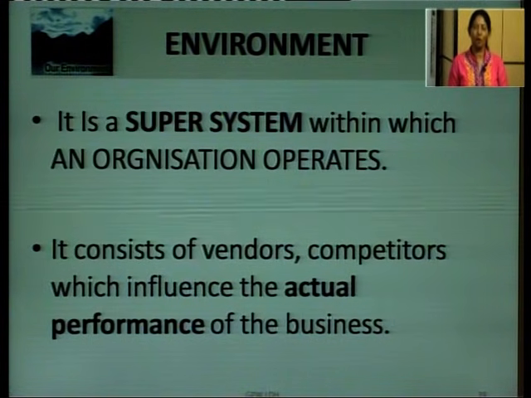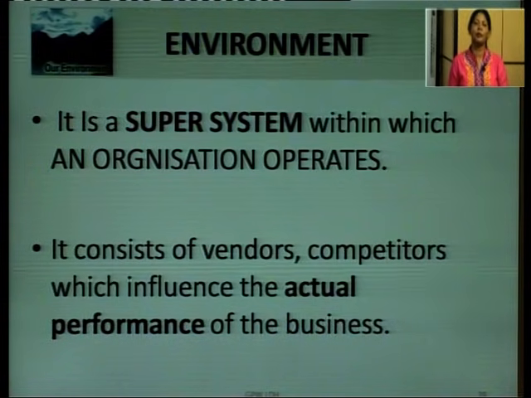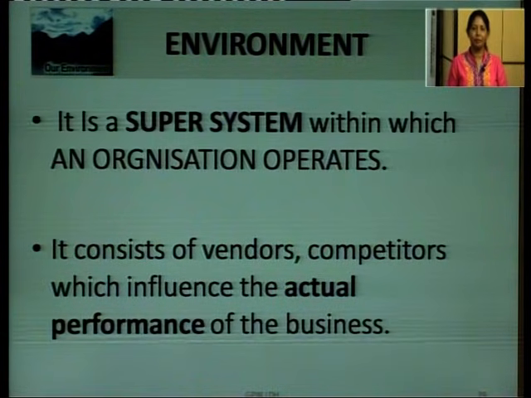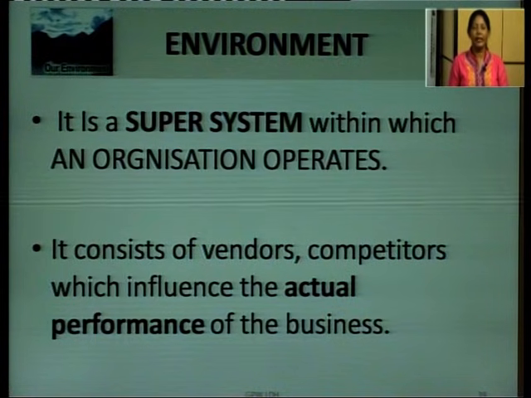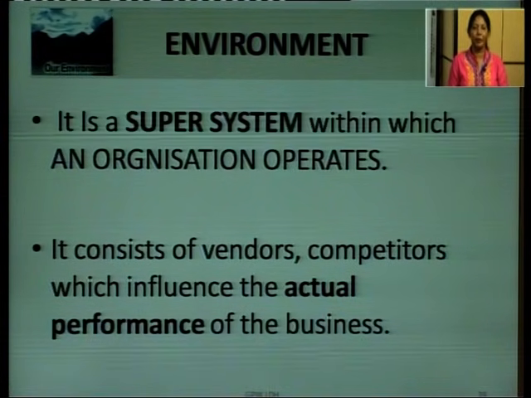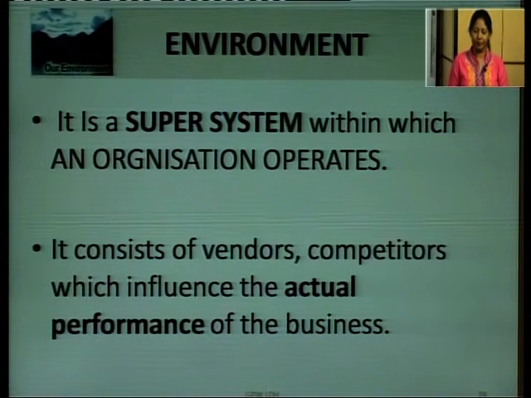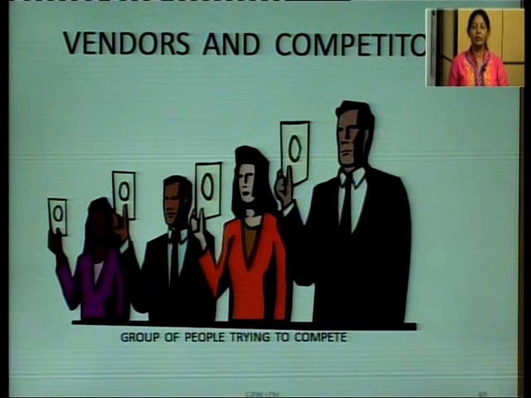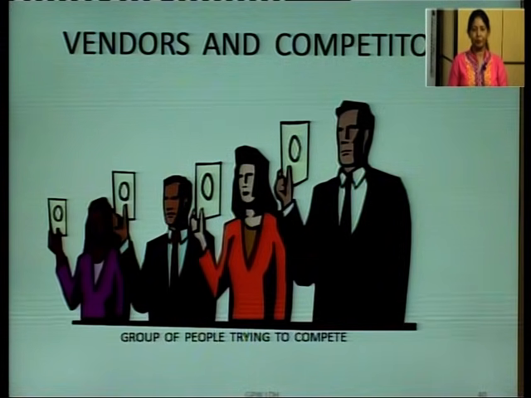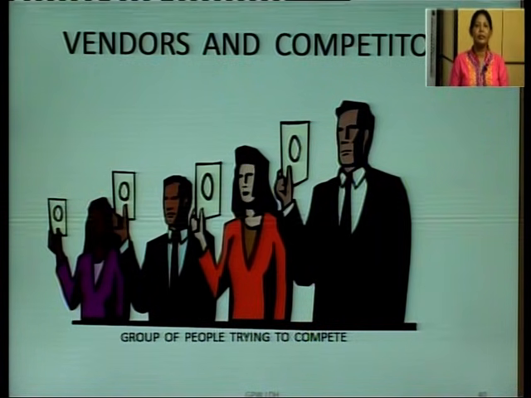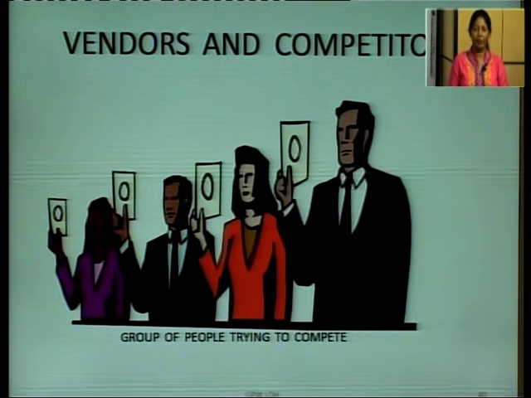It consists of vendors and competitors, which influence the actual performance of the business. This is an example: a group of people trying to compete. So these are the vendors and these are the competitors.